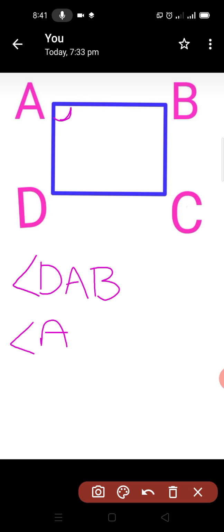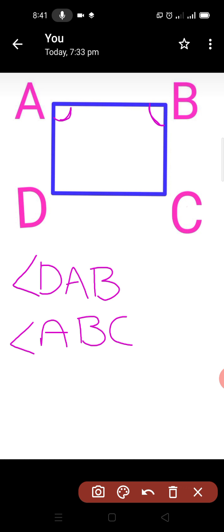First one, angle DAB, which means angle at vertex A here, and second one, angle ABC, means angle at vertex B here.